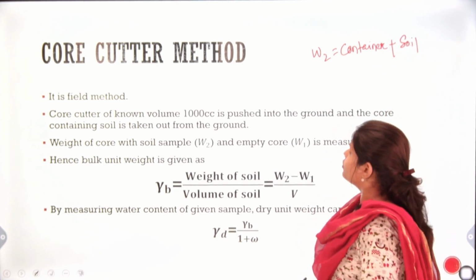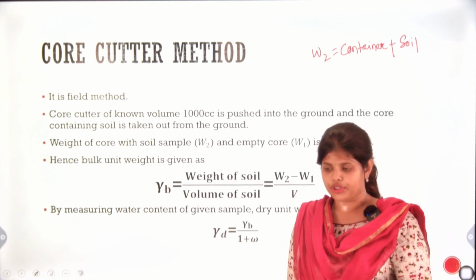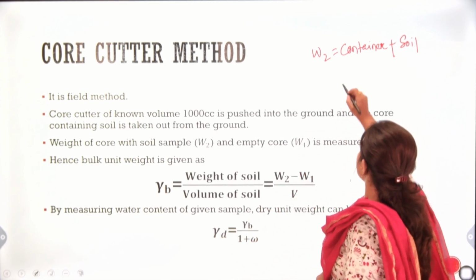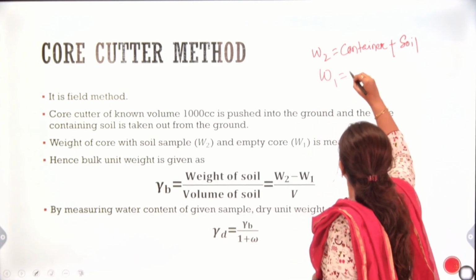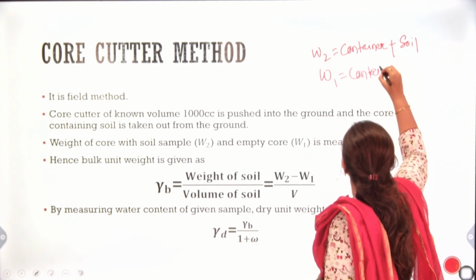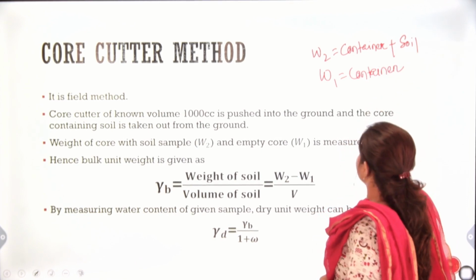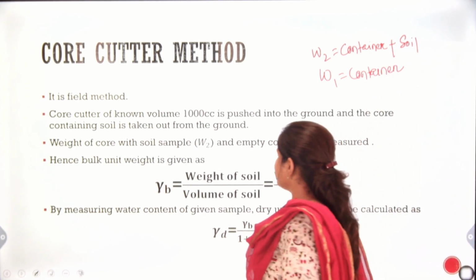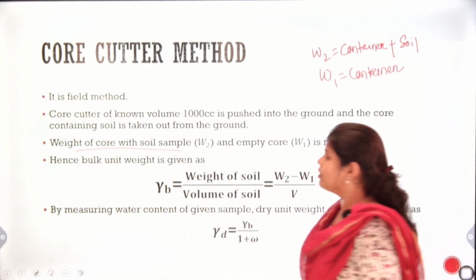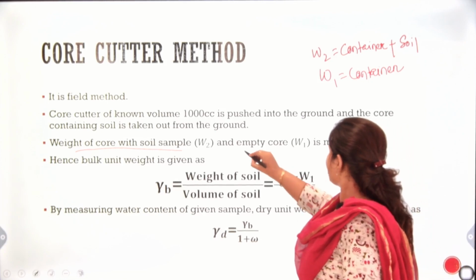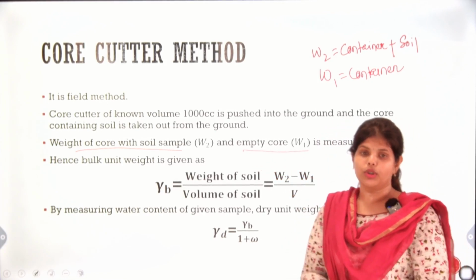After removing the soil from the container, we take the weight of the container. We take that as W1. Now we have both W1 and W2. Weight of core with soil sample is W2 and empty core is W1.